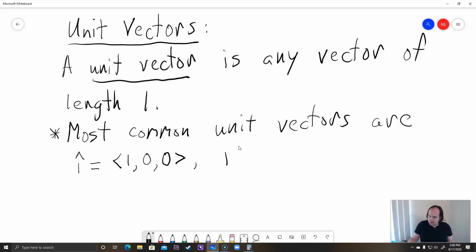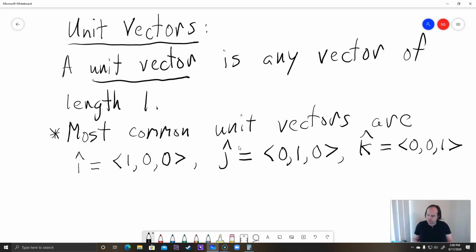And then you have j hat. It's called j hat because it has a little hat on top of it. It's kind of dorky how they call it that, but you can see it has a hat on top of it. J hat is going to be the vector 0, 1, 0. And then k hat is the vector 0, 0, 1. Okay? Those are the most common unit vectors. And you can also convert any other vector into a unit vector by dividing by its magnitude.